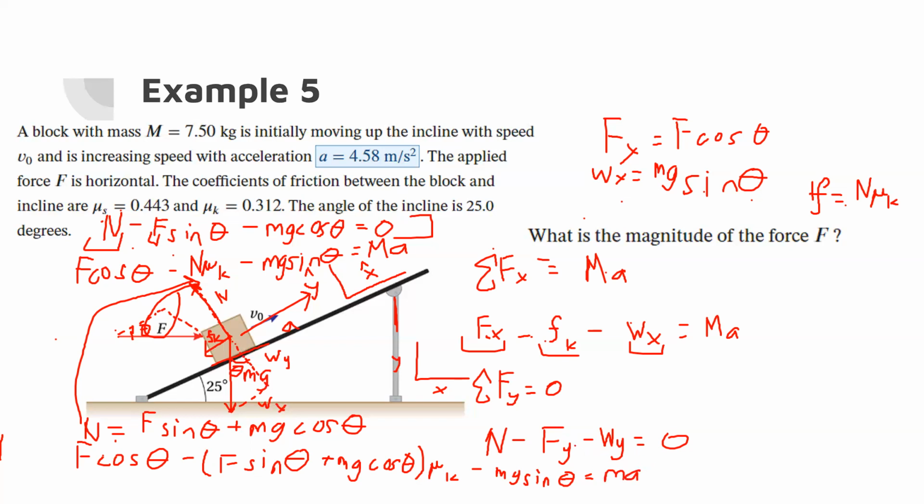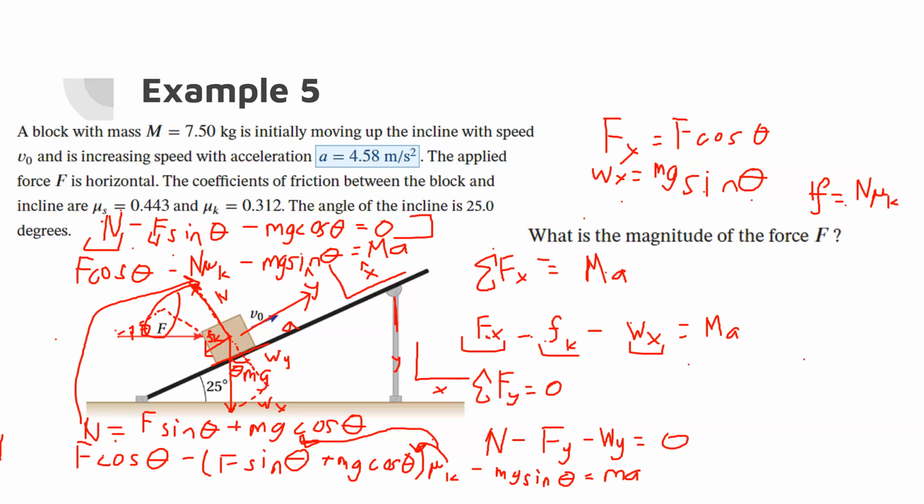And to solve an equation like this, I will distribute my mu sub k to both of these, move anything that does not have an F over, and then factor out my F, and then divide by what's left over.